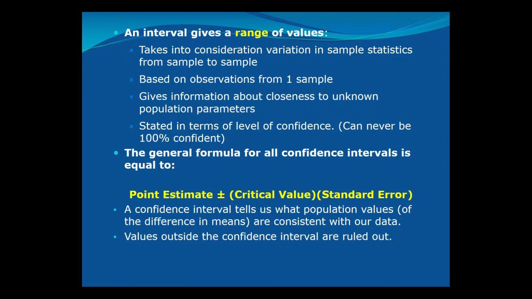The general formula for all confidence intervals is shown on this slide: point estimate plus or minus critical value multiplied by standard error. A confidence interval tells us what population values of the difference in means are consistent with our data. Values outside the confidence interval are ruled out.